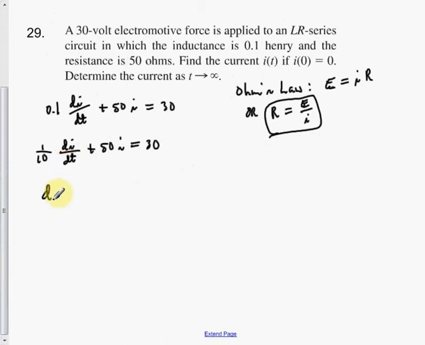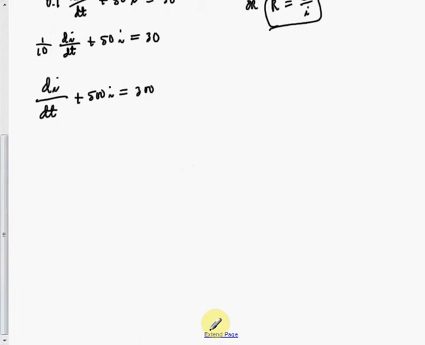So we have di over dt plus 500I is equal to 300. The integrating factor, mu, is equal to e to the integral of 500 dt. So we get e to the 500t.